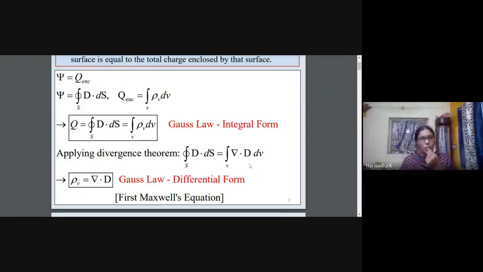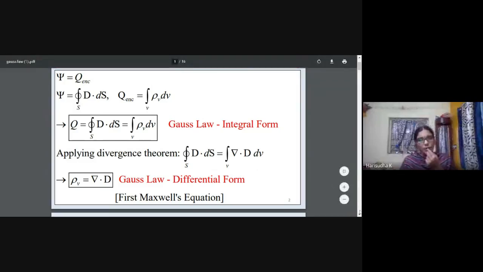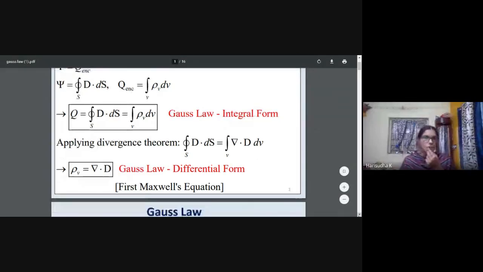Therefore, from this equation we can conclude that rho v is nothing but del dot D, with capital D. So this is the Gauss law. We saw this in the last class, and it is also called the first Maxwell's equation.